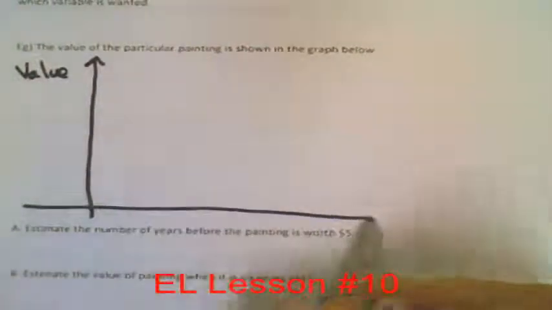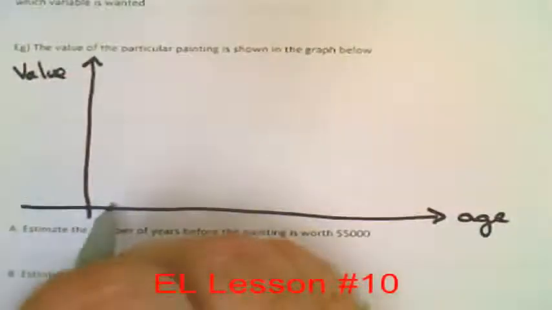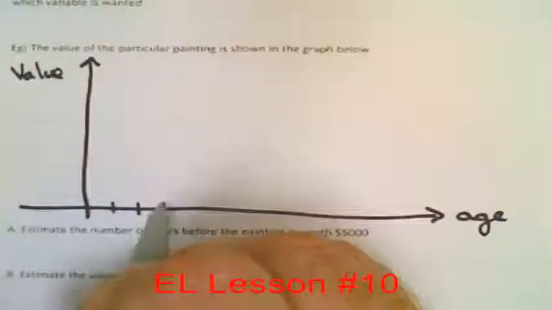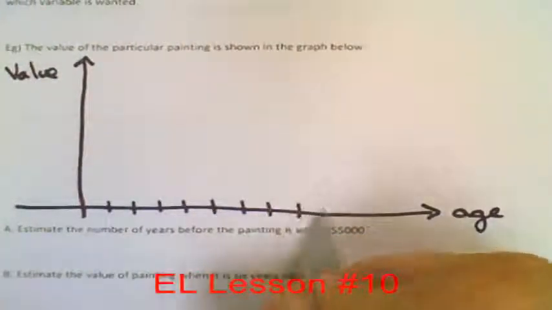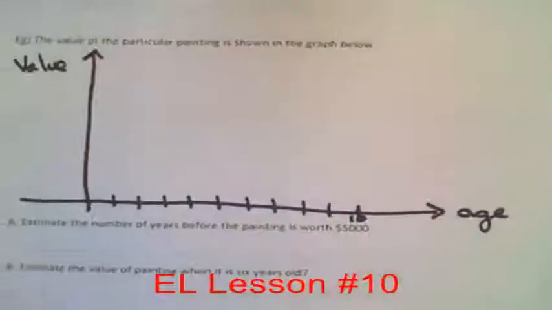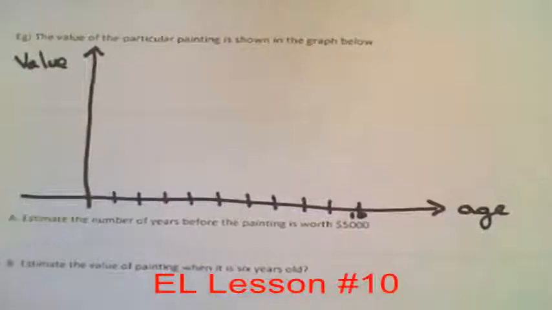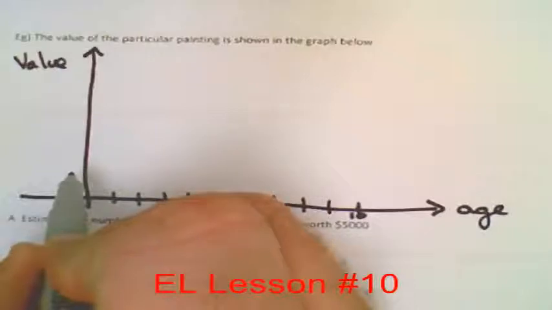I've got the value and I've got the age of the painting, with 1-year-old, 2, 3, 4, 5, 6, 7, 8, 9, 10, and so on. I'm just going to put 10 in there. If you were doing it from a graph, you'd have some very formal graph. It wouldn't be hand-drawn like this one, but the process is the same.